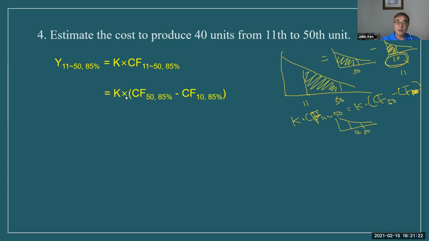That is K times cumulative factor 50 minus cumulative factor 10. Up to 10, not 11.